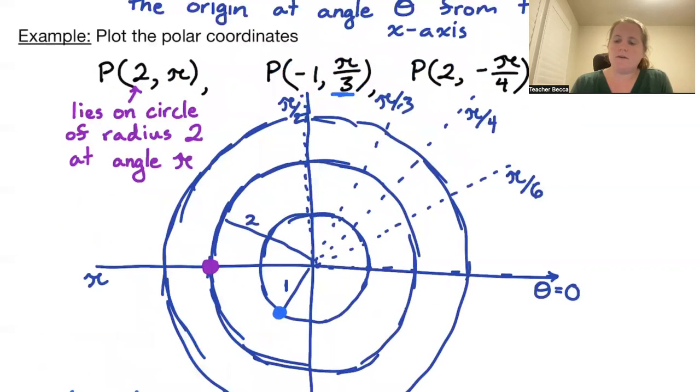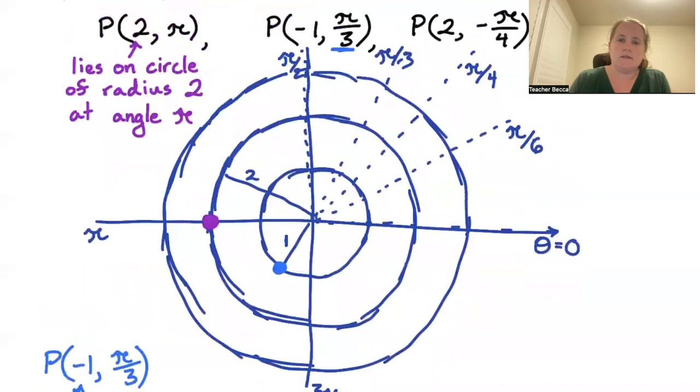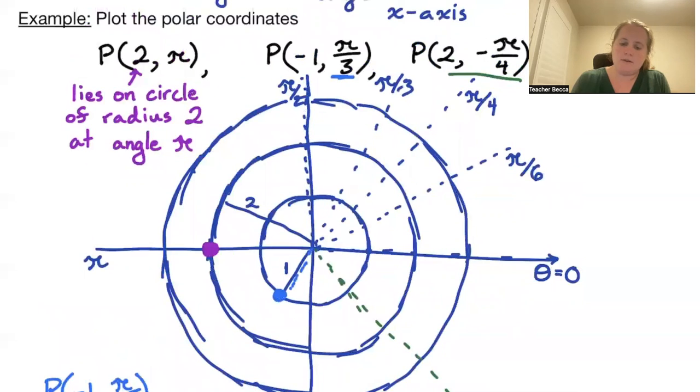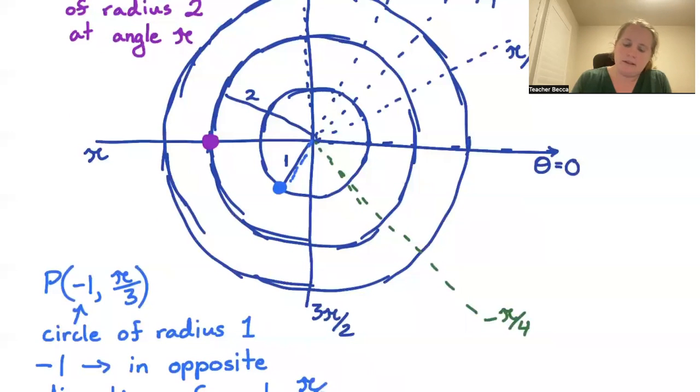And then if we want to do P of 2, -pi over 4, -pi over 4 would put us down in the fourth quadrant. So here's our -pi over 4 as our angle. And then we are on radius 2, so we're on that second circle out.